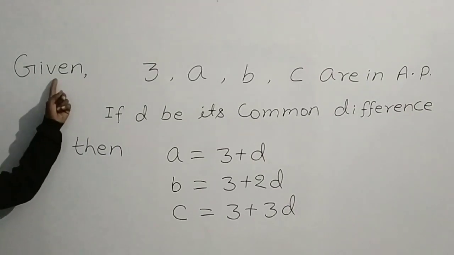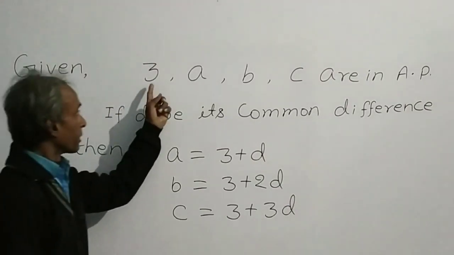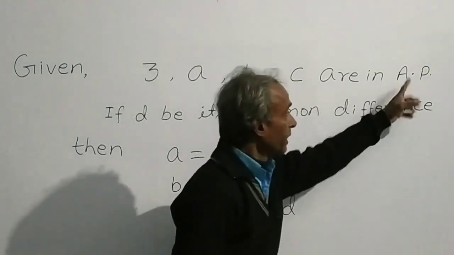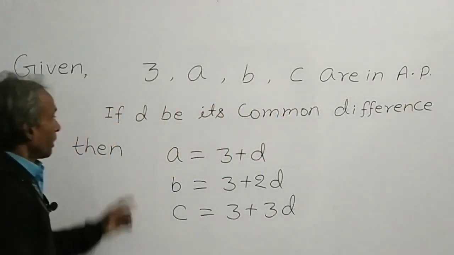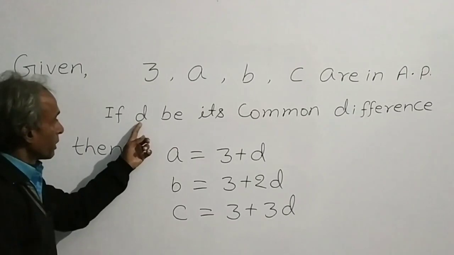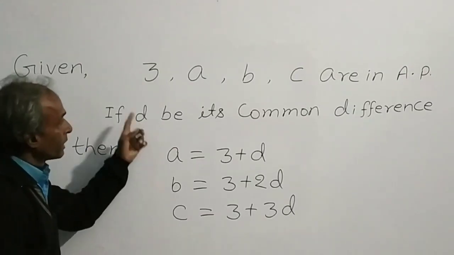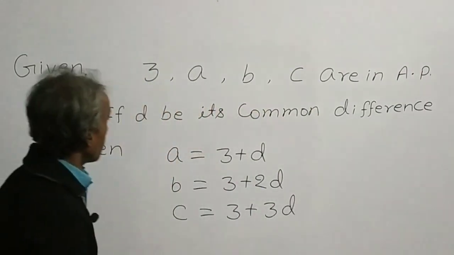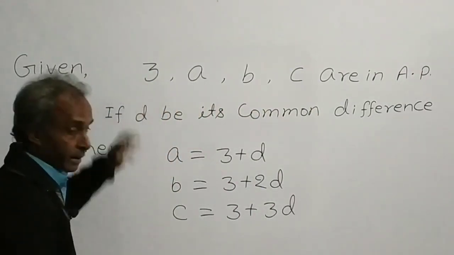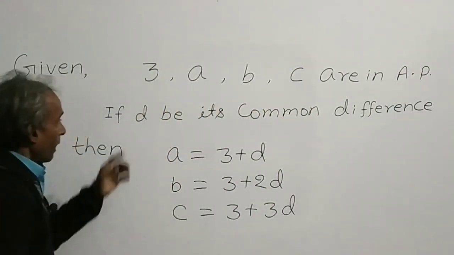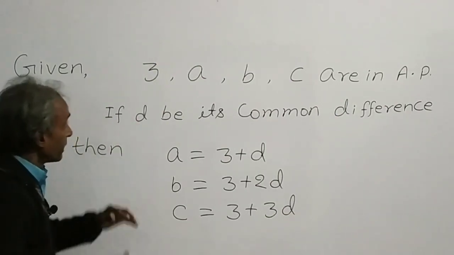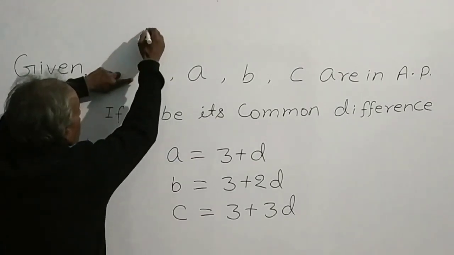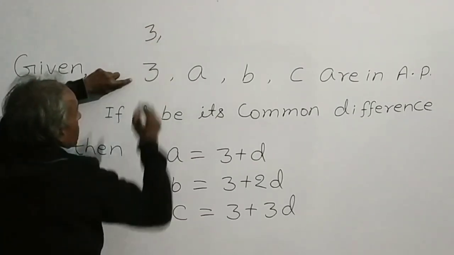It is given in the question that 3, A, B, C are in AP. We suppose D is the common difference of this arithmetic progression, whose first term is 3 and common difference is D. Then the AP will be: first term 3.